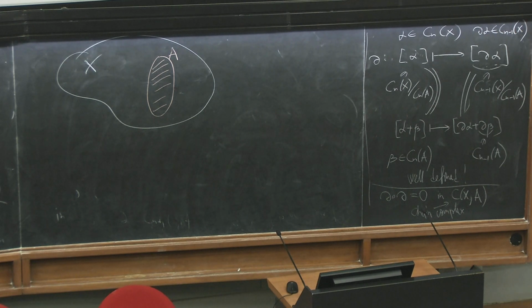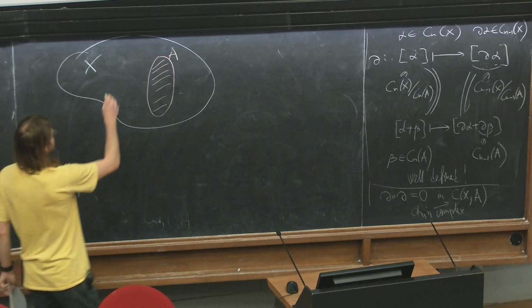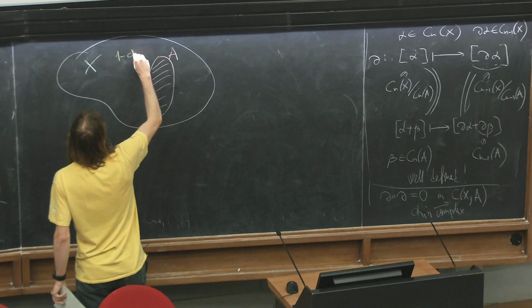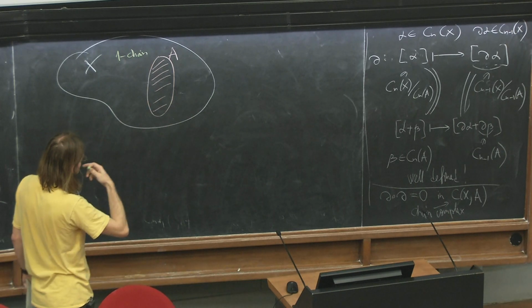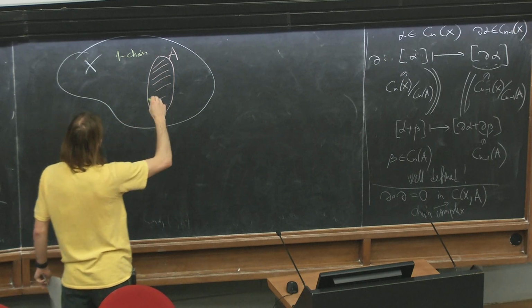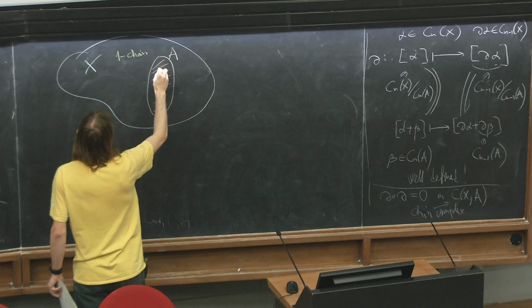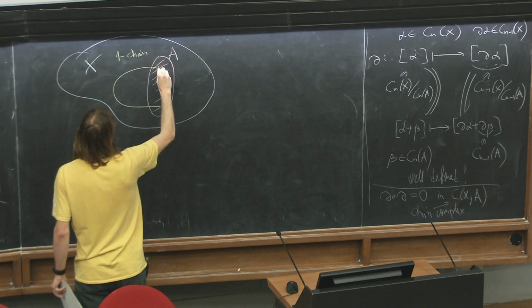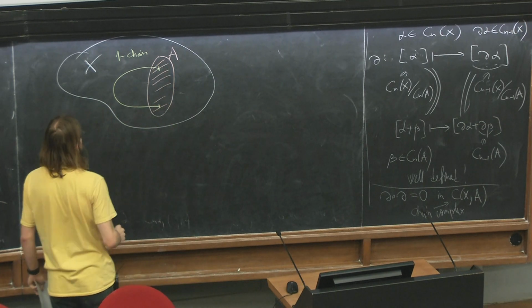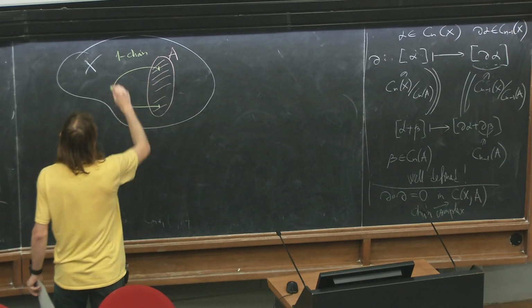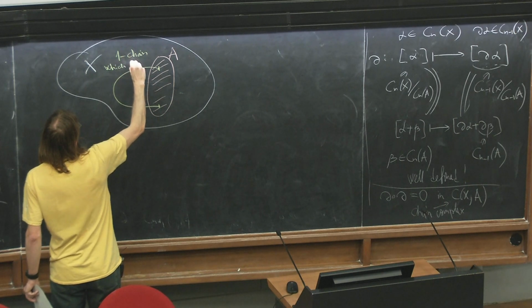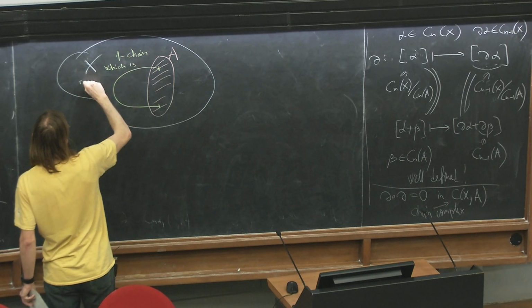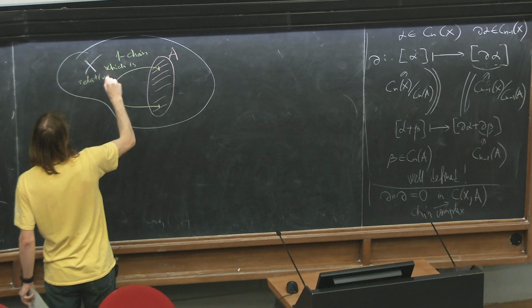And consider, for example, for simplicity, just one chain composed of just a single one simplex. This will be an example of a one chain which is a relative cycle.